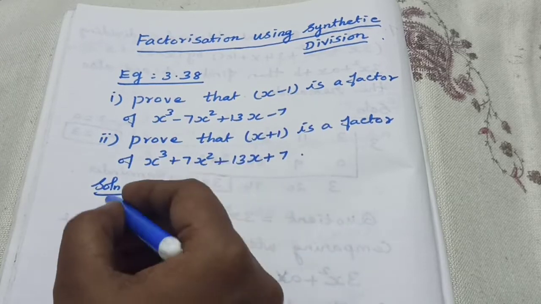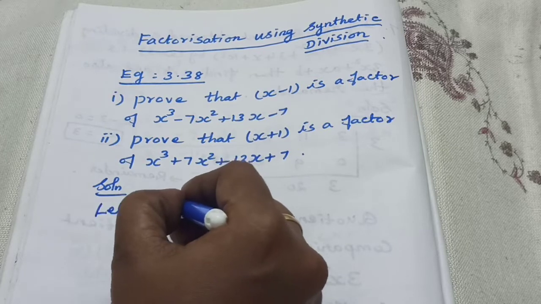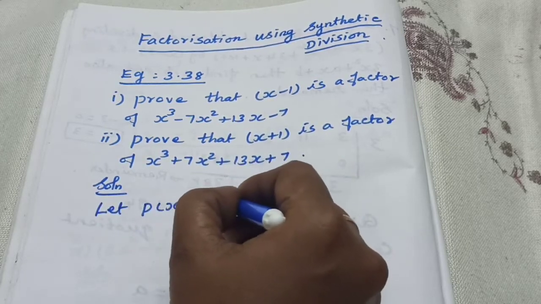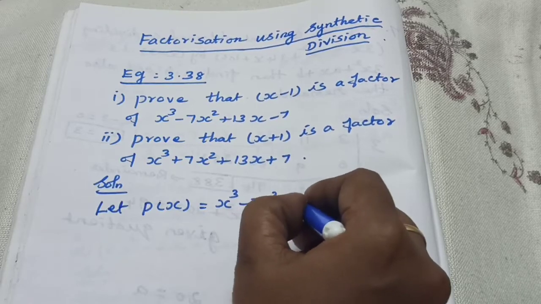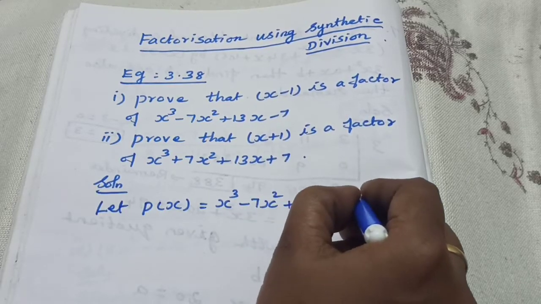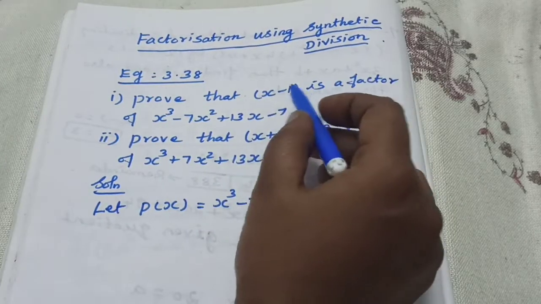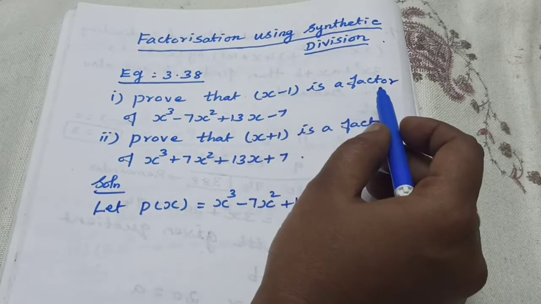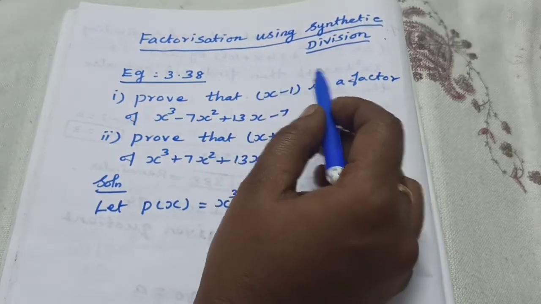First we take p of x is equal to x cube minus 7x square plus 13x minus 7. Here we want to prove that x minus 1 is a factor.